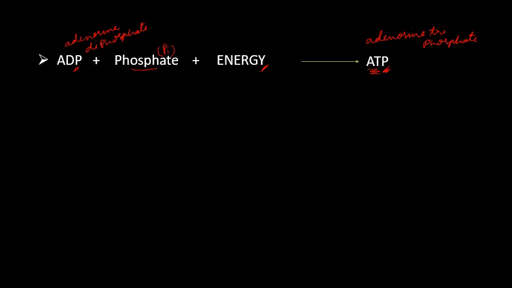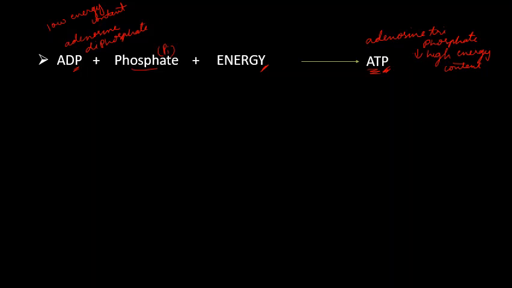Adenosine triphosphate is high energy content, whereas adenosine diphosphate is low energy content, because ATP contains three phosphate groups, whereas adenosine diphosphate contains two phosphate groups.